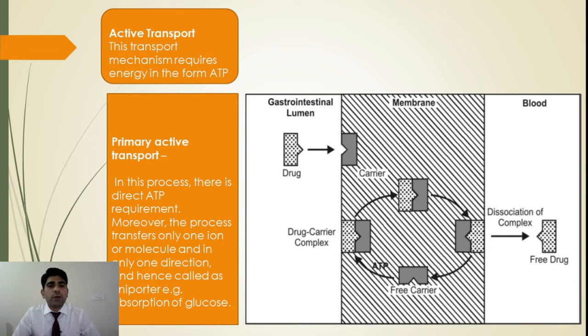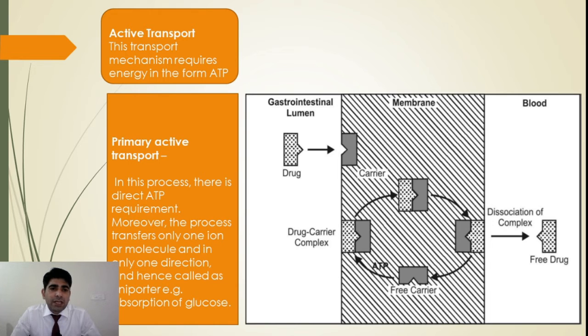So now we are coming to active transport. As the name suggests, and as we have already discussed in the previous slides, energy requirement will be there in this kind of transportation. It can also take place against the concentration gradient, and in the classification we have also studied it is of two types. One is primary active transport, and the other is secondary active transport.